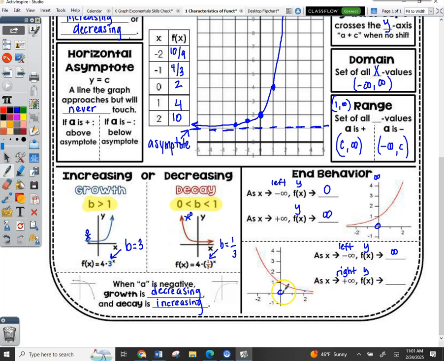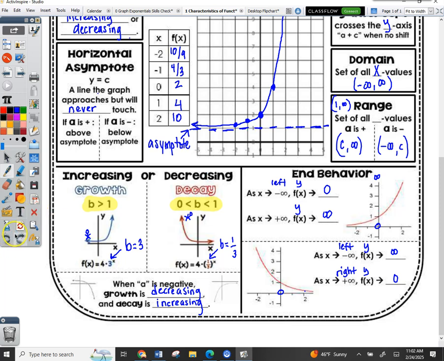What's the y value? 0. Now, I think we wrote our particular answer for this. No, we didn't. Look at this one. As I read the graph to the left, what's the y value approaching? 1. As I read the graph to the right, it's shooting to the ceiling, so it's infinity.